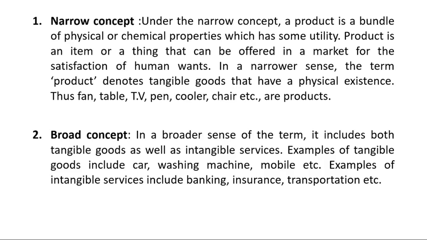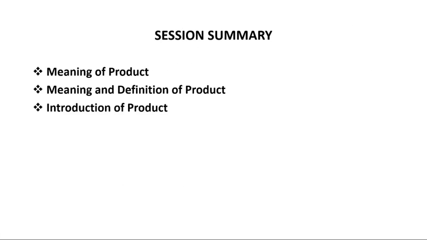So, once again, I repeat, in this session what we have studied is the meaning of a product. A product is nothing but not only goods but also the services and the related services of the product. Goods are also considered as a product.